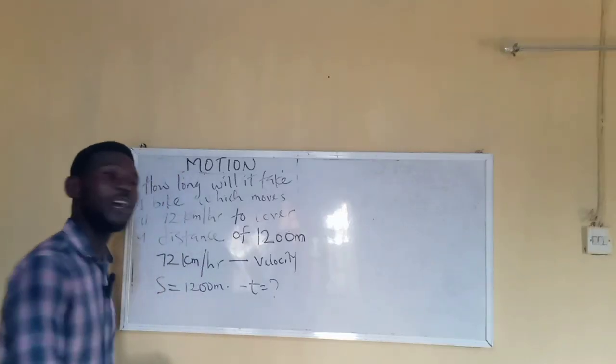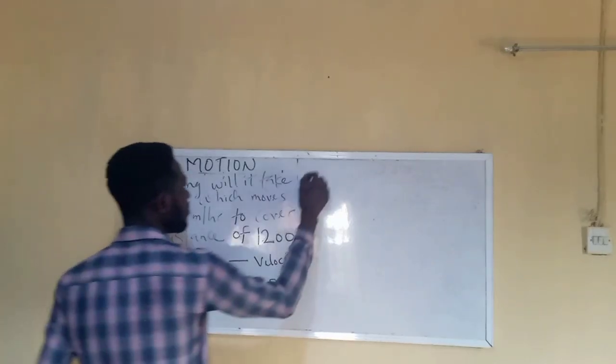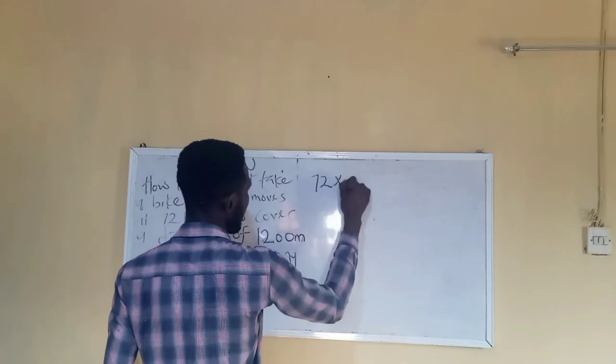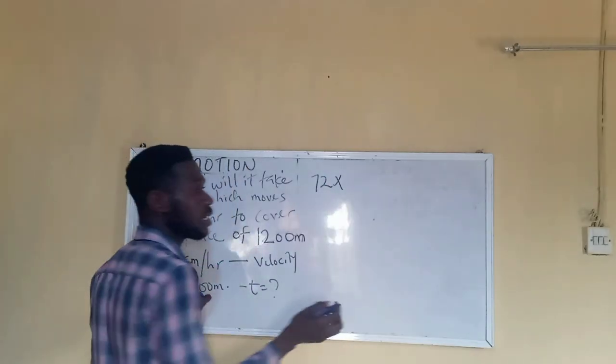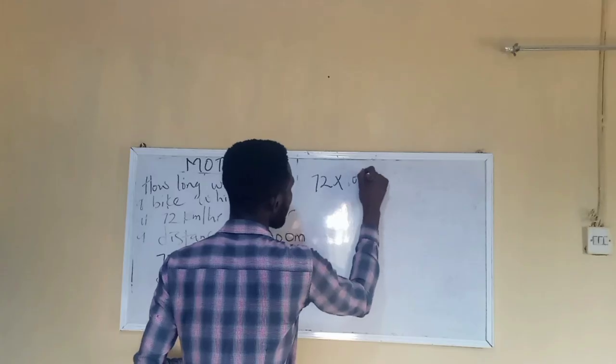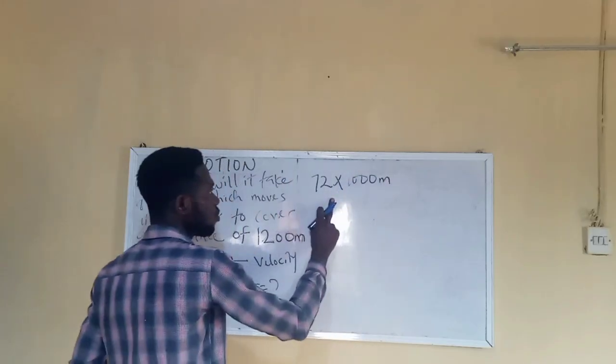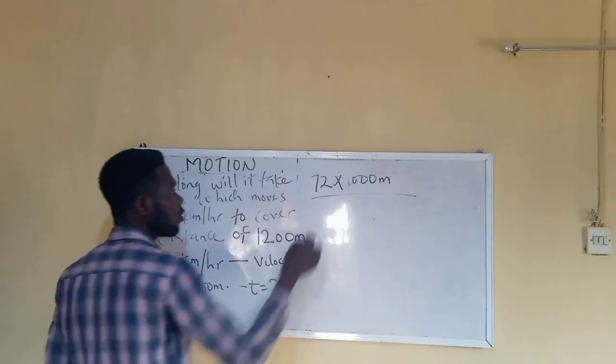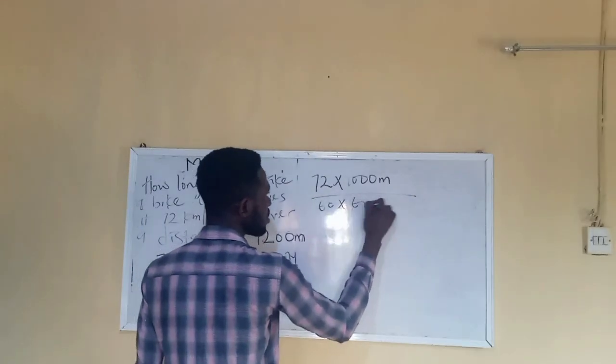If I am to carry out my conversion properly, I'll have 72 times kilometer, which is 1,000 meters. 72 times 1,000, and converting my hour, it's going to be 60 times 60.